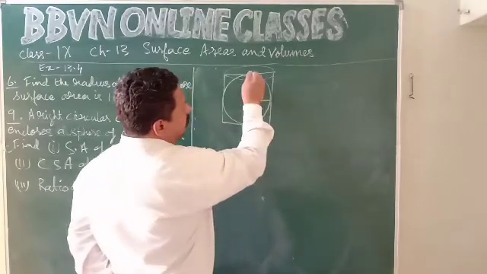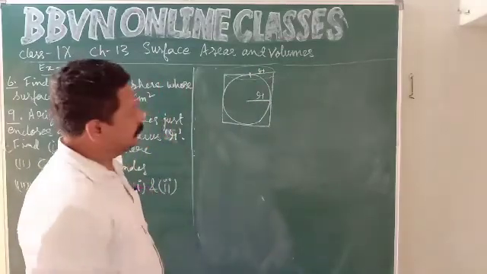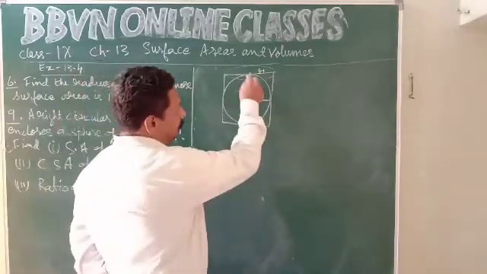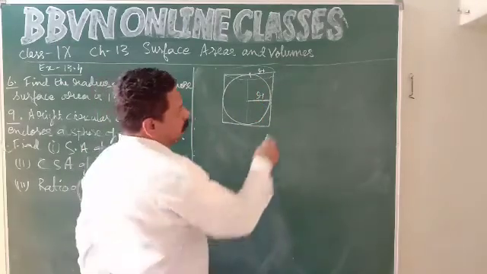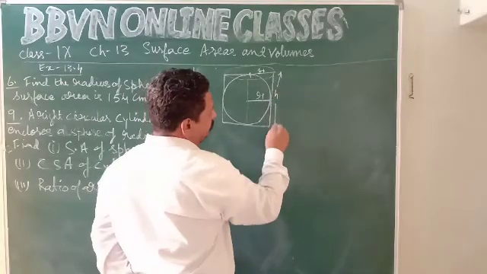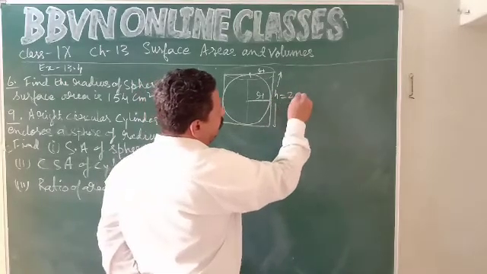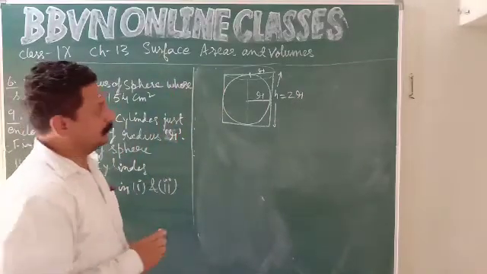R. The same will be the radius of cylinder. Okay, now for this sphere, this becomes the diameter, that is 2r. So that will be the height of the cylinder. This will be equal to 2r. Height of the cylinder will be equal to 2r units.